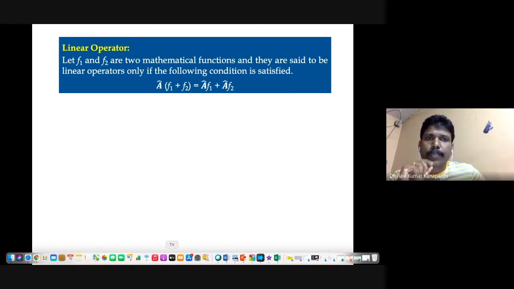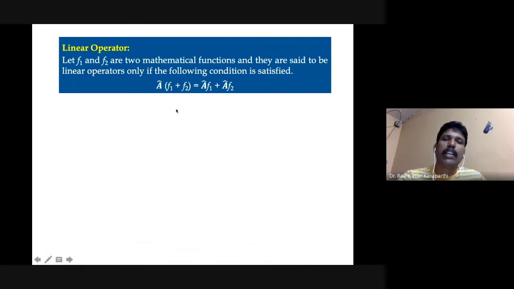You can see an operator is said to be a linear operator only if it satisfies this condition.